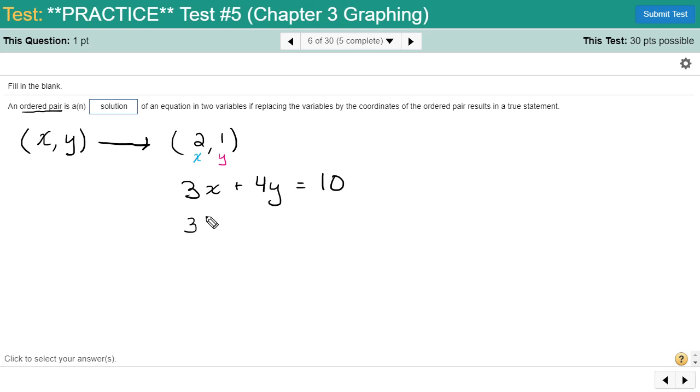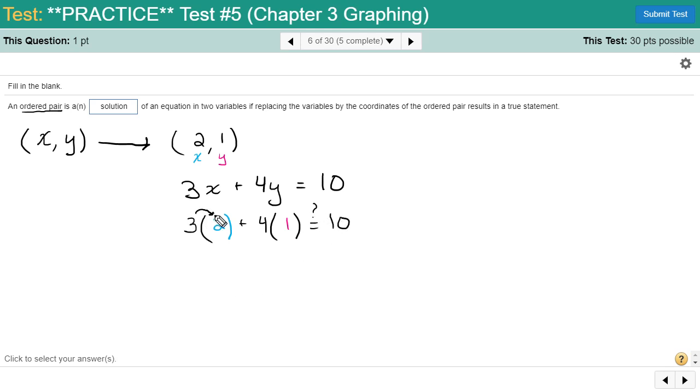So we end up with 3 times x, but x is now 2, so we'll plug that in, plus 4 times y, but y is going to be positive 1, is equal to 10. Is this true? This is what we are testing.